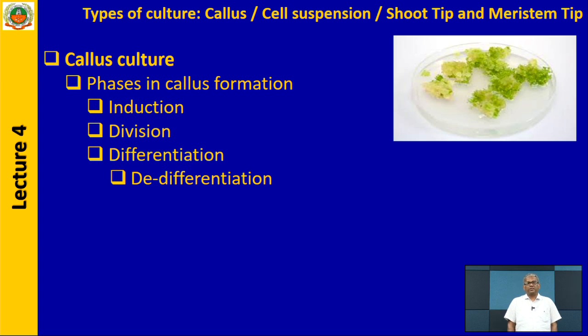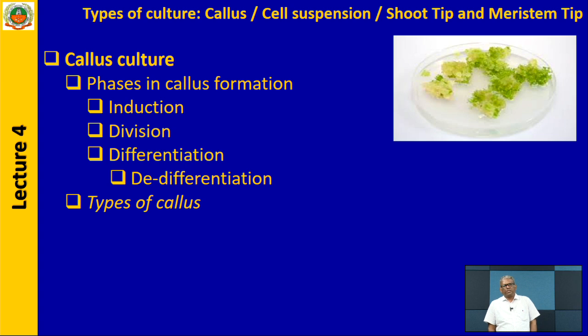Differentiation includes redifferentiation and de-differentiation. So, callus formation is a process by which differentiated cells undergo de-differentiation. So, they become functionless, but still they keep on dividing.